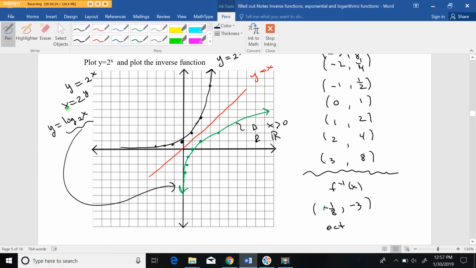Also, if I put a 0 here, there's no value of y that gives you a 0. That's why the domain is strictly greater than 0. For the range, you can put anything you want in for y and you'll get a value out for x, and that's why the range is all real numbers.